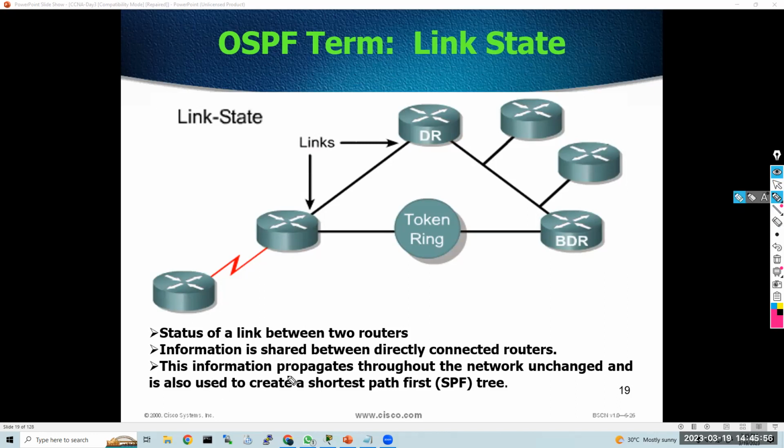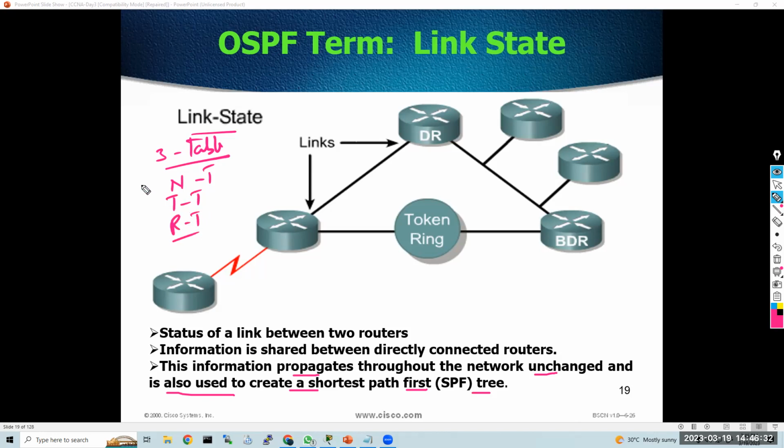The information is propagated throughout the network unchanged and also used to create the shortest path tree. What does it mean, guys? When tables are formed by any router, how many tables does it form? Three tables, right? First the neighbor table, then the topology table, and the routing table.